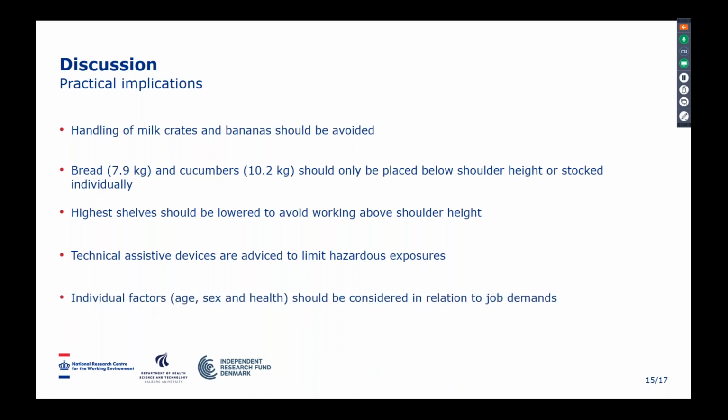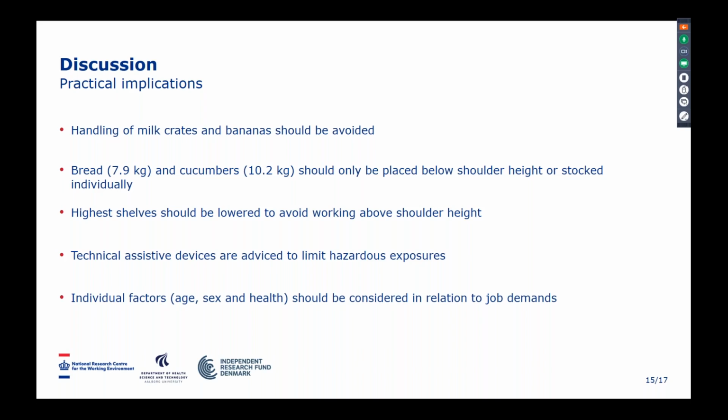Another thing is that you should consider individual factors in relation to job demands. What made me make this recommendation is a nice review about the compression tolerance of spinal units, where they see there's quite a big difference in the compression tolerance of the spinal units and individual vertebrae for different age groups, between men and women, and in health status in general.